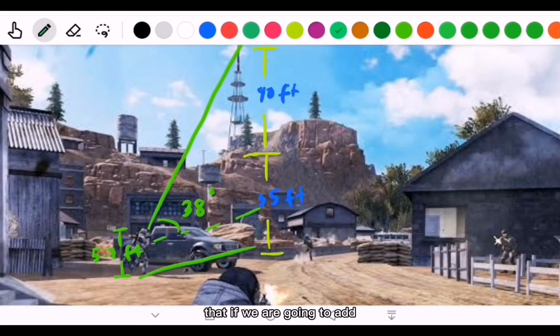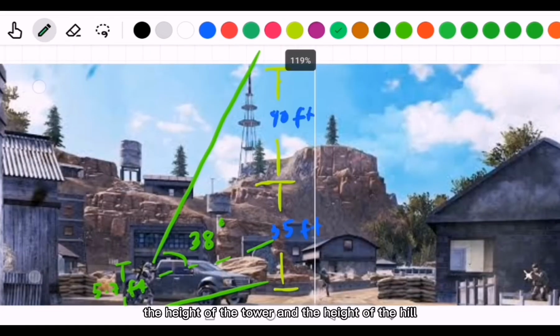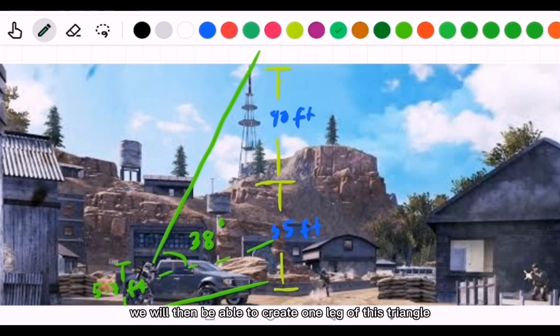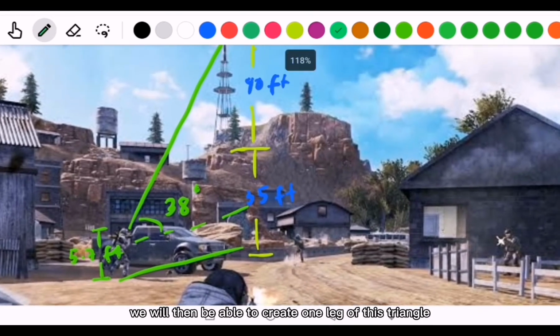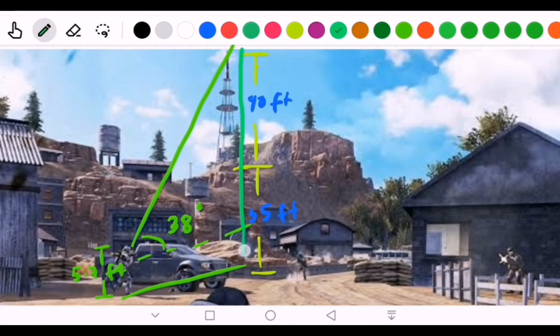Okay, so it is clear that we could create a right triangle if we are going to imagine that if we add the height of the tower and the height of the hill, we will then be able to create one leg of this triangle.